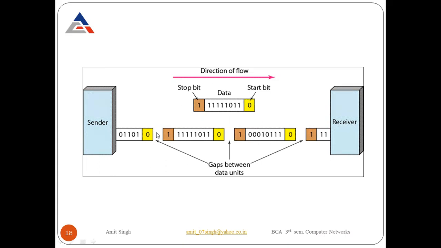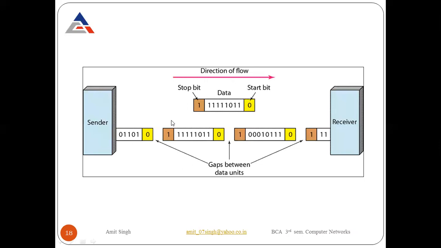So your data units start with 0, the start bit, and end with 1, the stop bit. Look at your screens: the 1 is the stop bit, the 0 is the start bit, and there are gaps. These are the two main differences between synchronous and asynchronous mode.